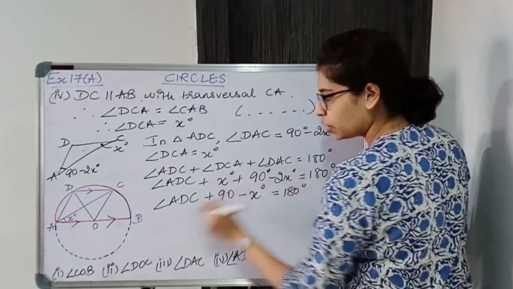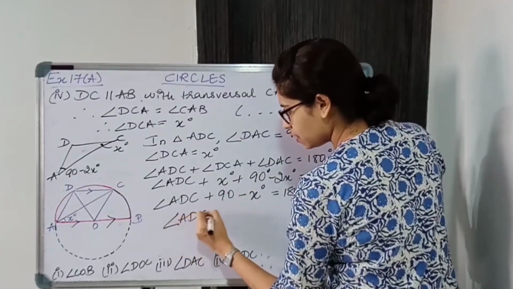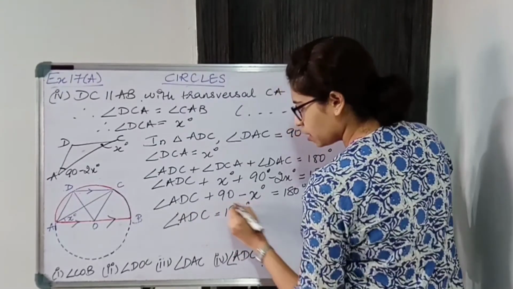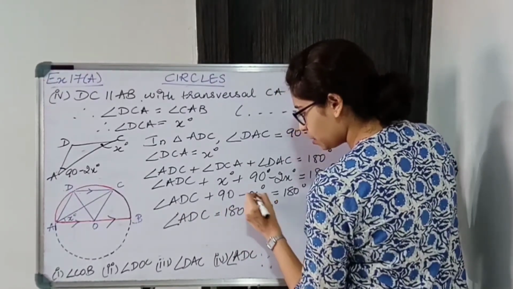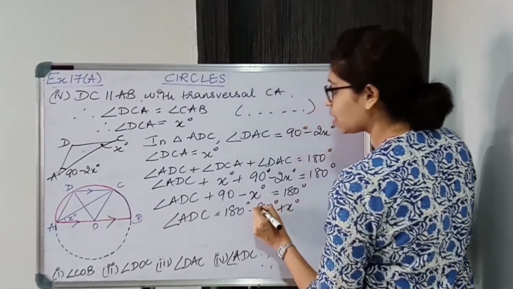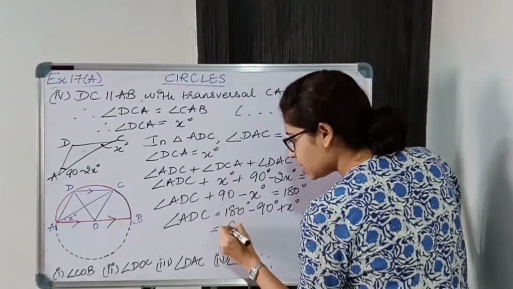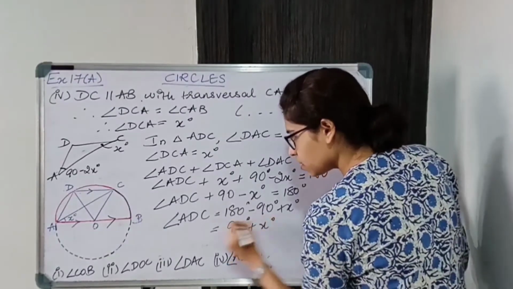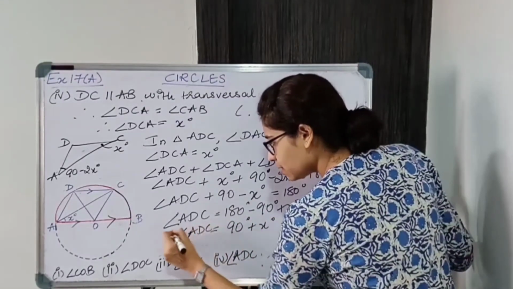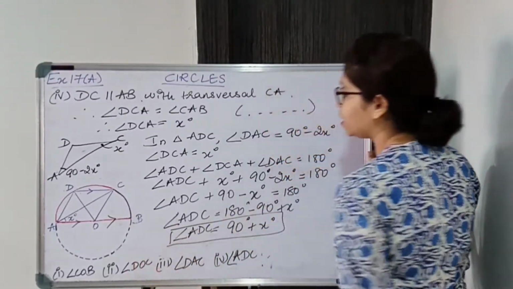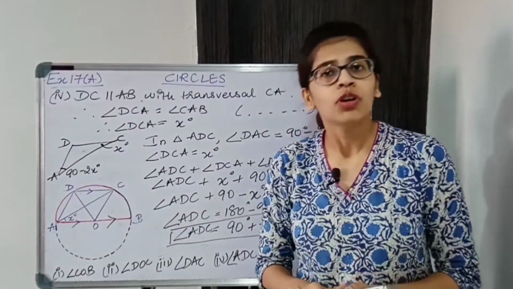We'll shift everything on the other side. So angle ADC is equal to 180 minus 90 plus x. The signs are going to change when you shift them on the other side. 180 minus 90 gives 90. So angle ADC is equal to 90 plus x. So we found all the four angles.